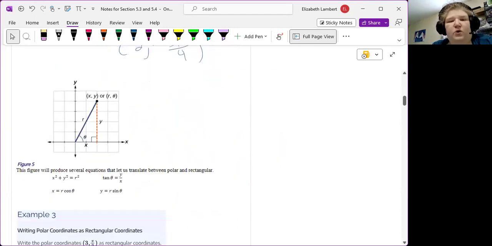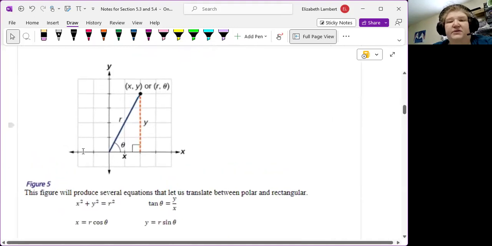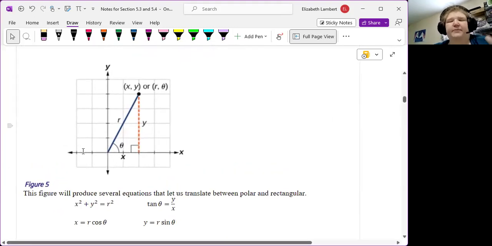Now, what we have next is, how does this interact with rectangular? Because most of our stuff we think about and work in a rectangular plane system rather than polar. So we have some lovely equations that we get from this diagram that help us translate between the two.